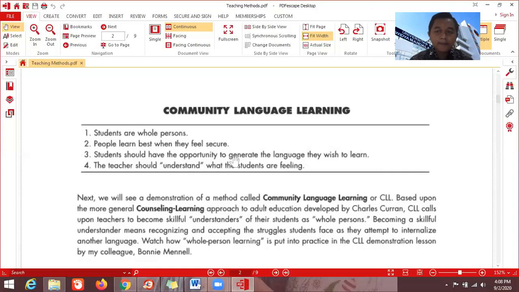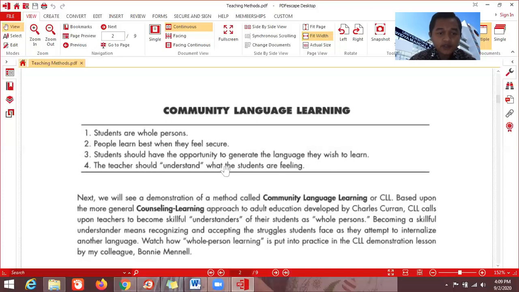This is the basic understanding of community language learning, that they need to start from themselves first. So in teaching, the tutor needs to start with the students. They need to identify the difficulties in learning, the opportunities, the competition that might happen, and motivation, and so on. Basically, learning should be started from the learners, not the teachers.